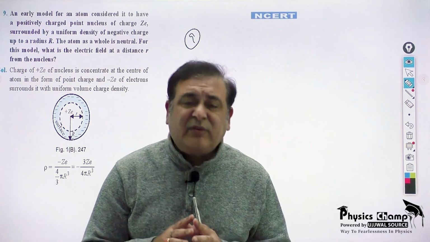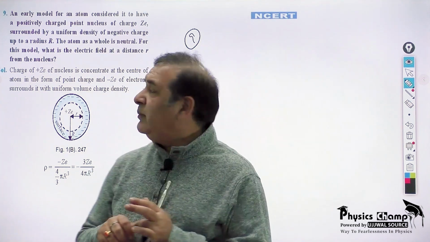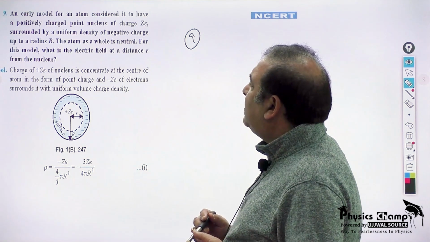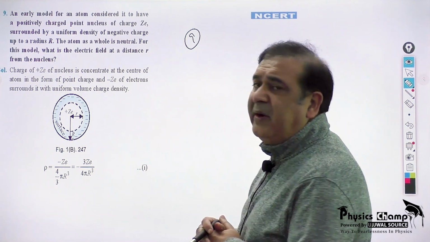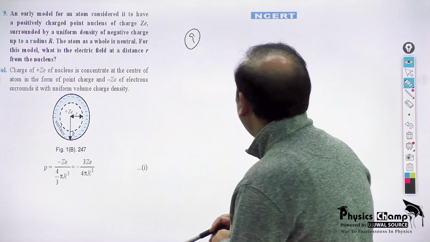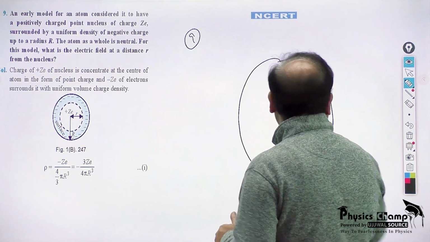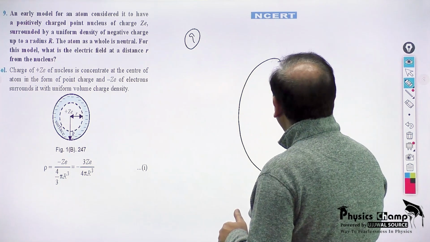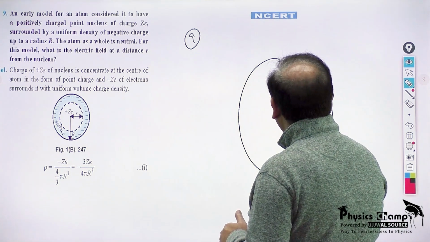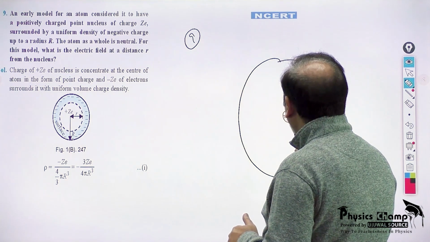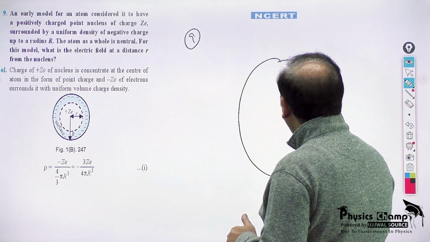A similar concept is talked about here. An early model of the atom considered a positive charge point nucleus of charge Ze. So the earlier model says that there is a positive charge Ze. Z stands for atomic number, and it is in the form of a point charge.